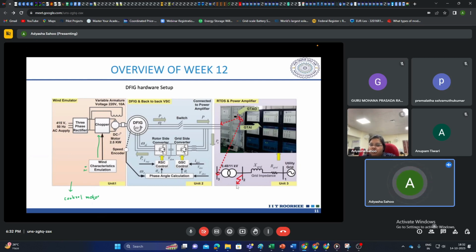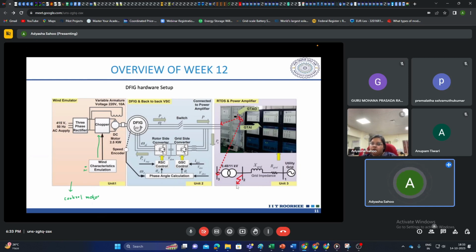Then as soon as the machine is driven, the DFIG is connected to the grid side through the rotor side converter and the grid side converter. We had earlier seen that to be able to deliver a constant amount of stator power, the rotor power in a DFIG is variable.